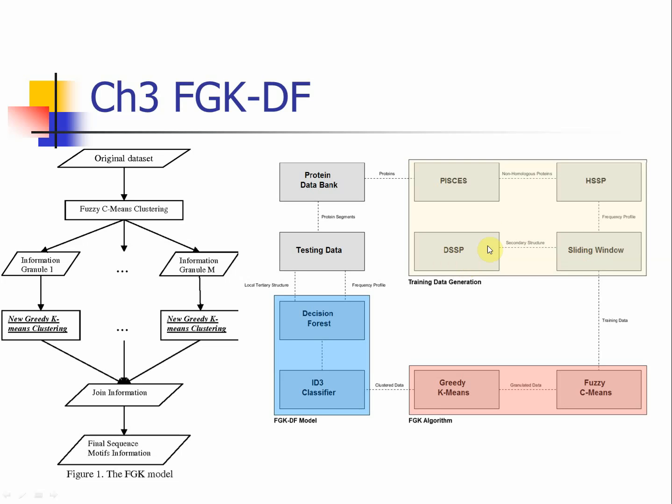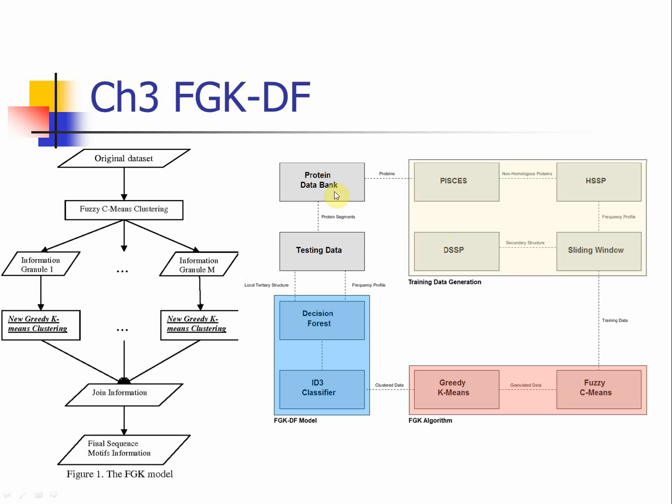And we of course also add the tertiary structure information, so that we generate the original data set. For the original data set, we use the fuzzy sequence clustering to cut into smaller information granules and then apply the k-means clustering to generate the protein sequence motifs.